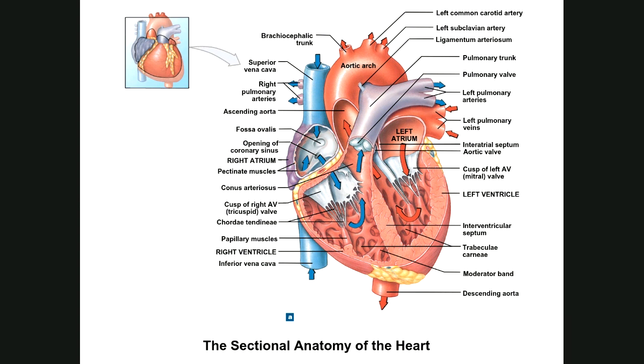And once the atrium is full of blood, it contracts and pushes to open this mitral valve, and when it's open, it fills the left ventricle. During this time, the aortic valve is closed. You cannot see it over here, but just a little part of it is closed.